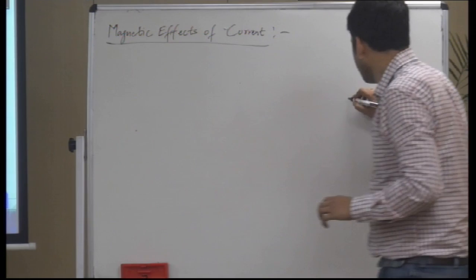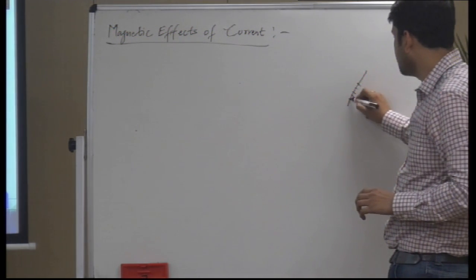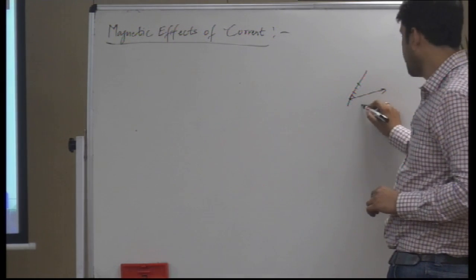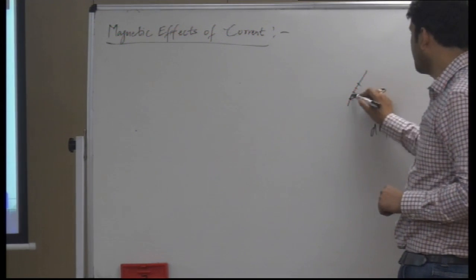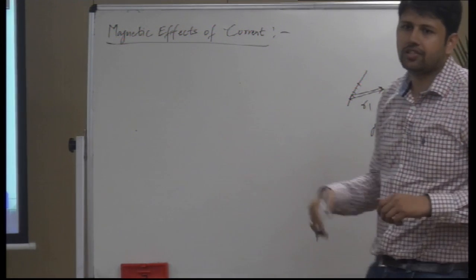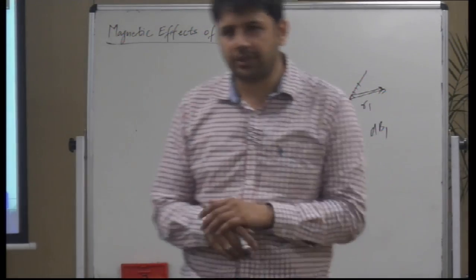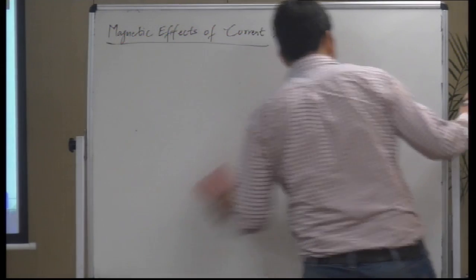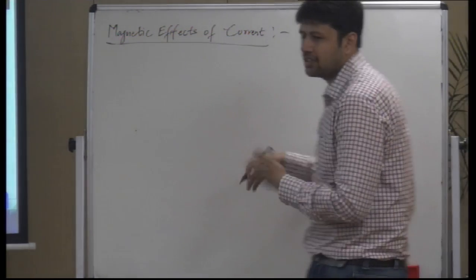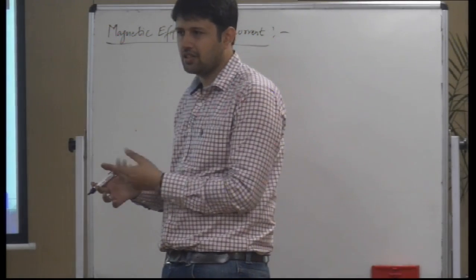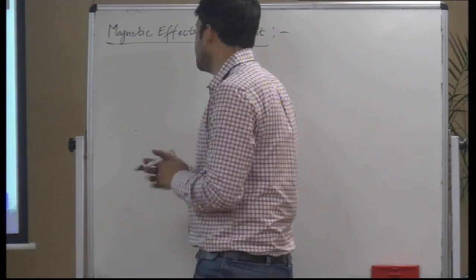If there are several small elements, this one has distance r1, the field due to this one would be dB1, field due to the next element would be dB2, field due to the third element would be dB3. So you need to add them vectorially. Is it okay? To find the net field, you need to add them vectorially. We studied this in electrostatics, I guess.